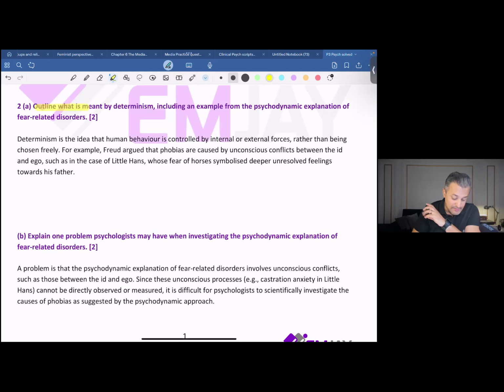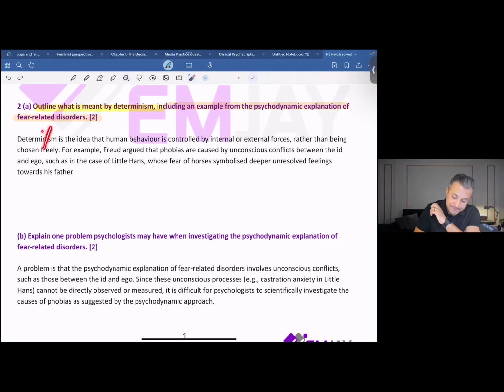Outline what is meant by determinism. Fairly easy. So determinism versus free will. You should know this, including, not a discussion, including an example from the psychodynamic explanation of fear related disorders. There you go. Your knowledge from the unit on anxiety and fear disorders should be there.